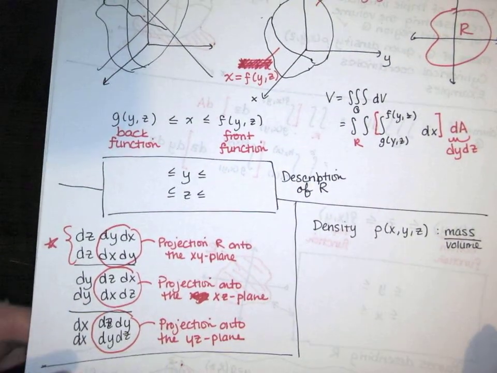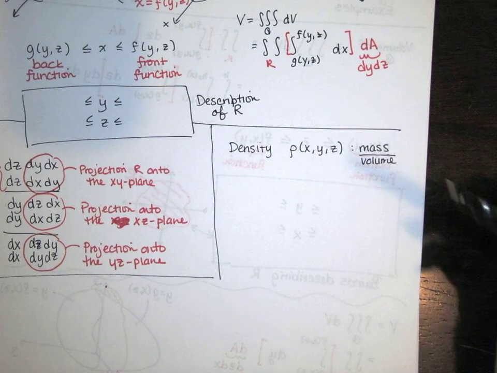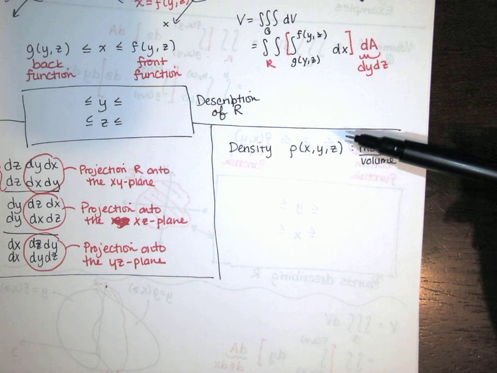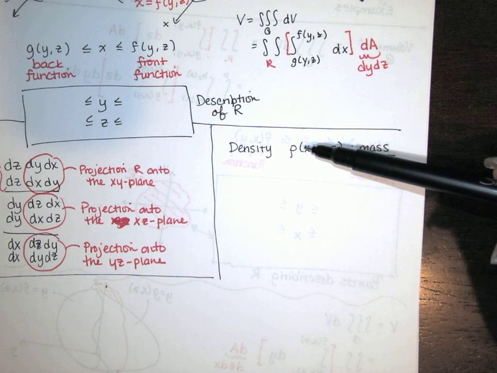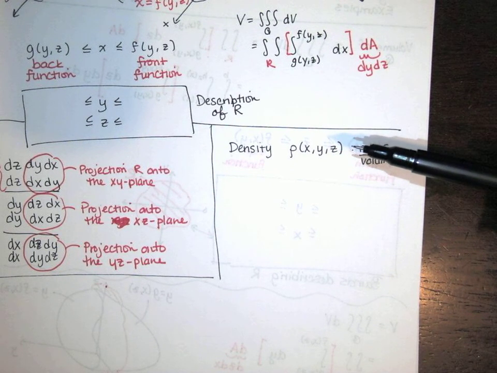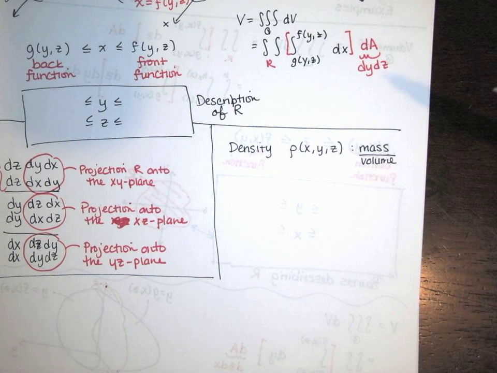And when I write density as a function of x, y, and z, all I'm saying is that the density varies. At all the different points in the solid region Q, I've got a different density. There might be some points that are more dense than others. And this is a function that's representing that.